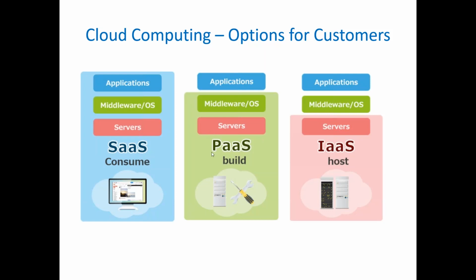PaaS, platform as a service, provides you the platform which allows you to build applications, and the same platform allows you to deploy them within the same environment. If you are using the PaaS subscription from Oracle for Fusion cloud applications, auto upgrade is not possible, since PaaS allows you to do the customizations, and the rest remains the same.